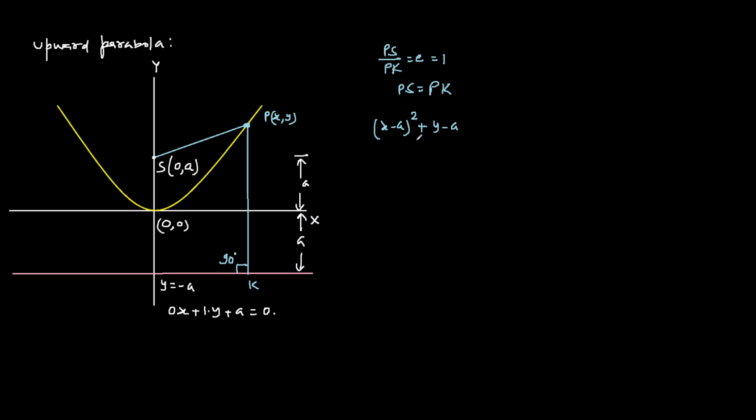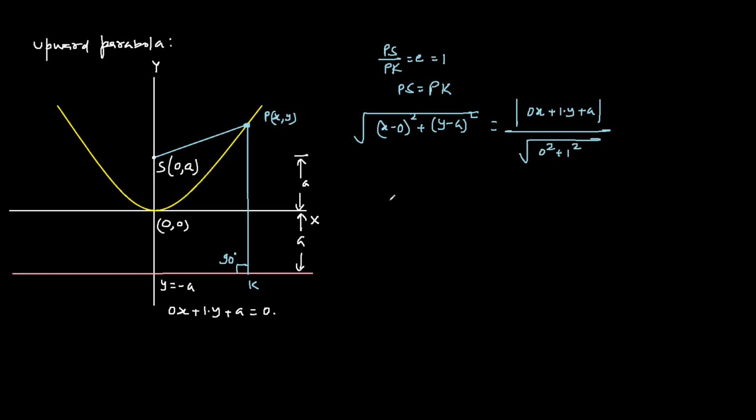The square root of (x minus 0) square plus (y minus a) square, and the perpendicular distance of point P from the directrix is mod of 0x plus 1y plus a divided by the square root of 0 square plus 1 square.